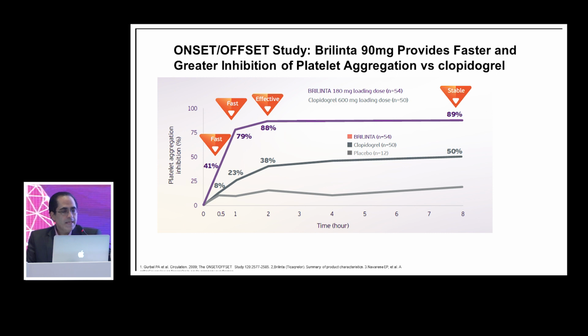When we compare Ticagrelor versus clopidogrel, in the first hour there is almost 80% inhibition of platelet aggregation in the Ticagrelor arm versus almost 23% with clopidogrel. Not only that, there is also rapid onset and stability over the 8 hours. After 4 to 8 hours, the Ticagrelor group shows almost 90% inhibition of platelet aggregation versus only 50% in the clopidogrel group.